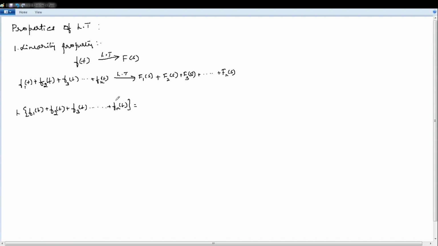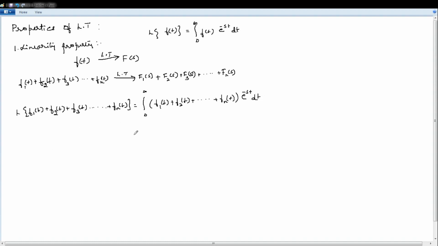From the basics of Laplace transform, we know that the Laplace transform of any function f of t is given by the unilateral Laplace transform, integral 0 to infinity f of t e power minus st dt. In place of f of t, we have the sum of these functions. So my equation will be integral 0 to infinity of f1 of t plus f2 of t till fn of t, into e power minus st dt.